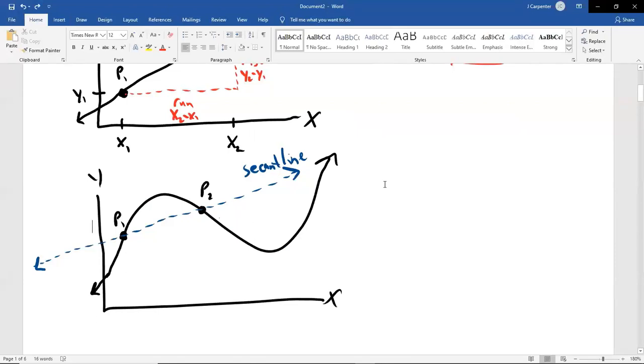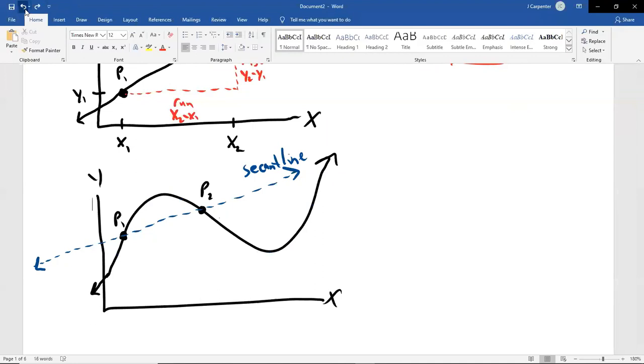So curves bend, which means the slope here is different than the slope here, is different than the slope here, is different than the slope here. The slope is different at every single point. Now, there may be some points where the slope here might be the same as the slope here. There might be some coincidences, but the slopes can all be different numbers. They don't have to match.